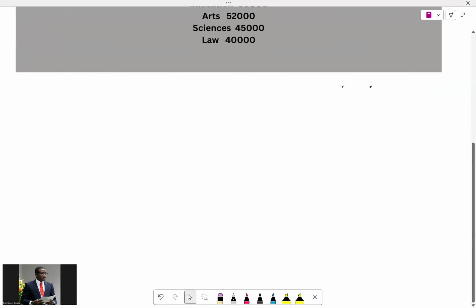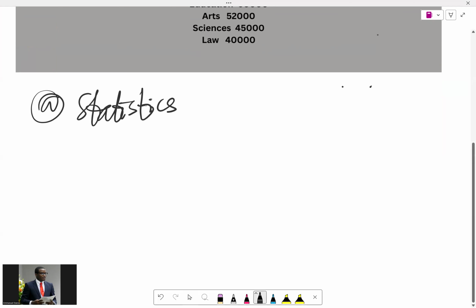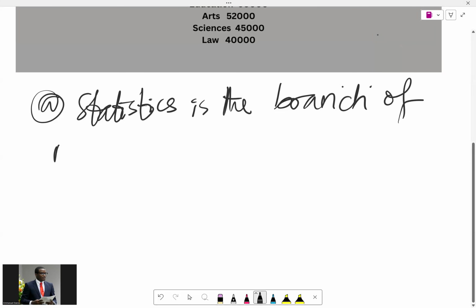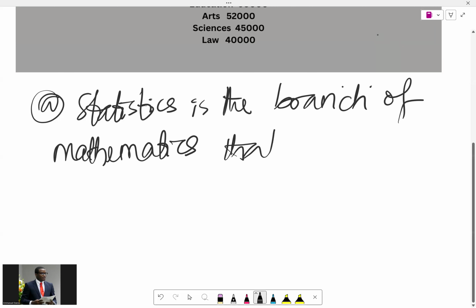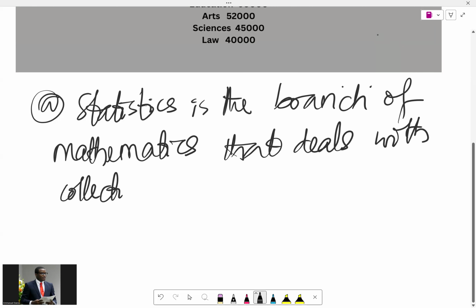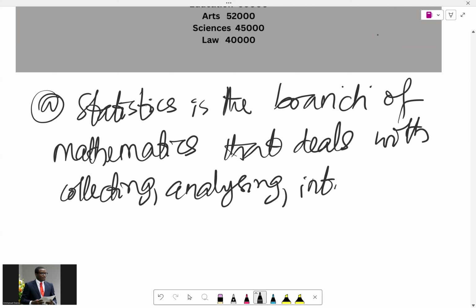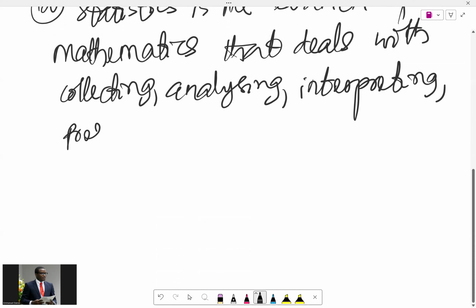So let's start with the first part. What do you understand by statistics? That's A. Straight up, statistics is the branch of mathematics that deals with collecting, analyzing, interpreting, presenting, and organizing data.